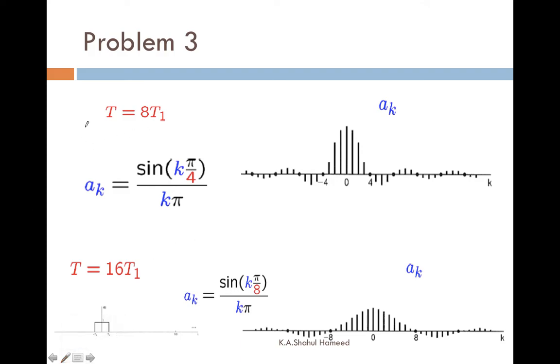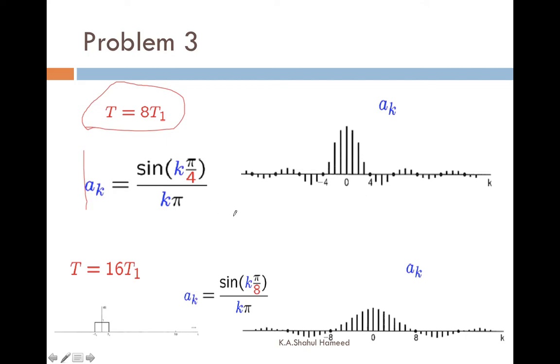Now we are going to substitute T is equal to 8 t1 in the Fourier series equation. You will get a_k equal to sin(k pi/4) / (k pi). See this? We have to substitute different values of k in this equation except k is equal to 0, and plot it.